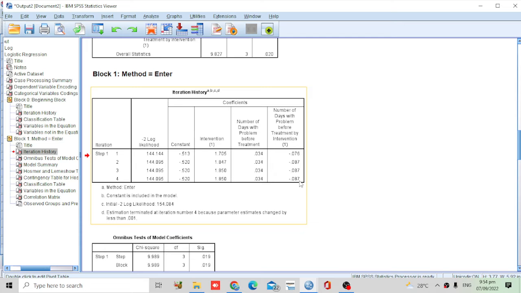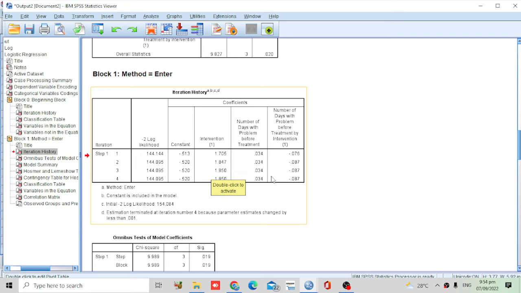As you can see from our model, we have a negative value for our intercept, and two positive values for our coefficients.